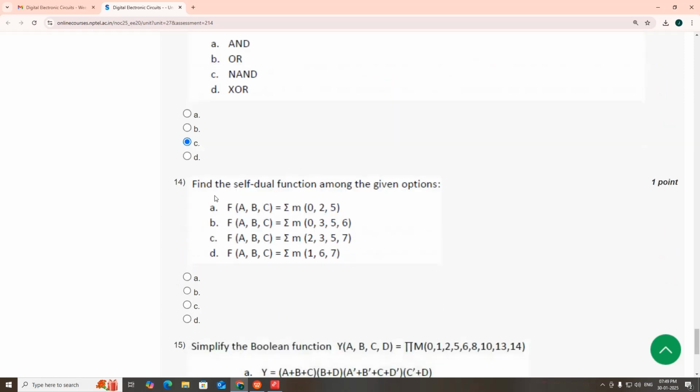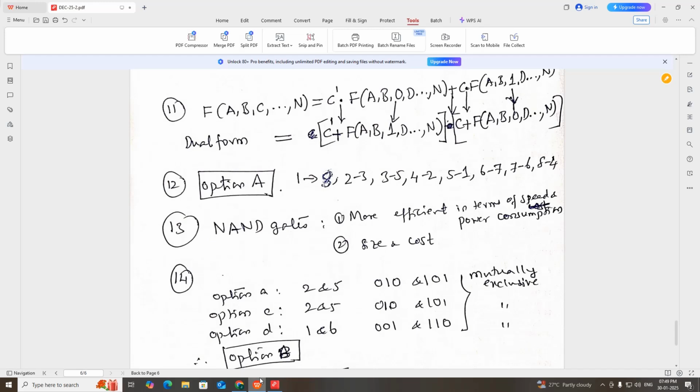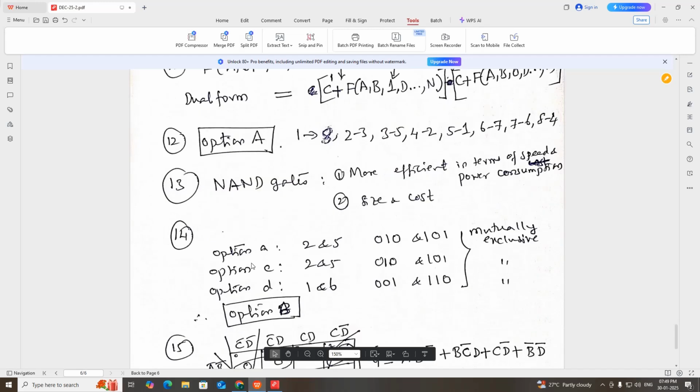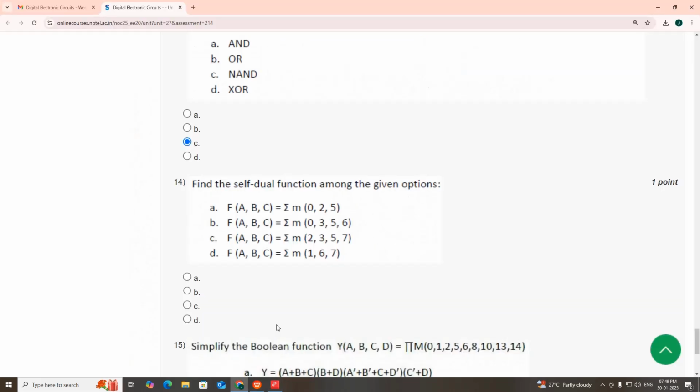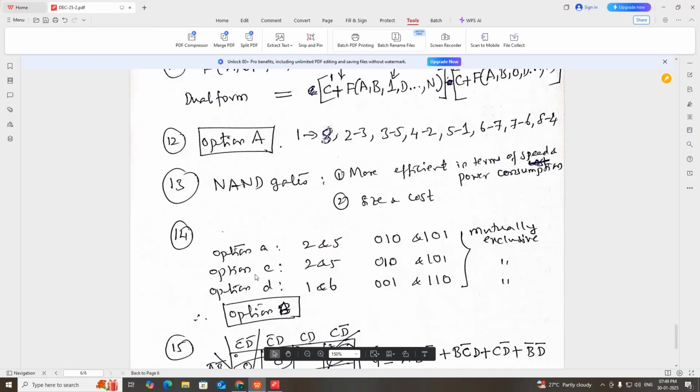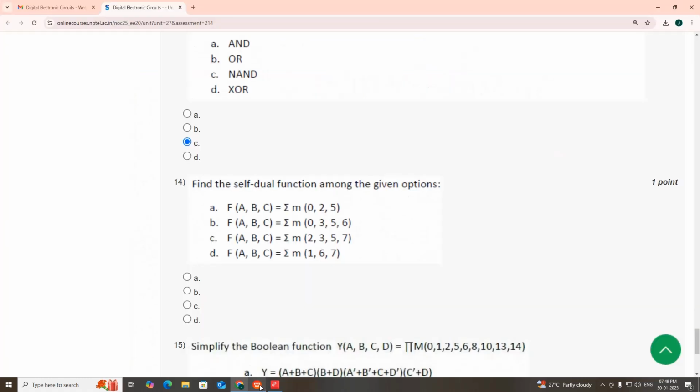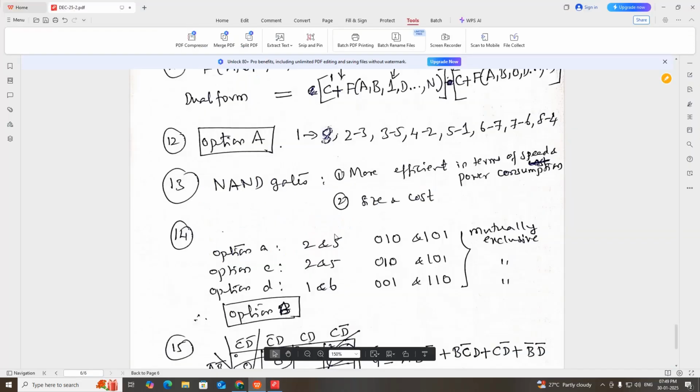Find the self-dual function among the given functions. 14th question. Let us see what options they have given: option A, B, C, D. For option A, we have 2 and 5. 2 is 0, 1, 0, and 5 is 1, 0, 1, so they are mutually exclusive.